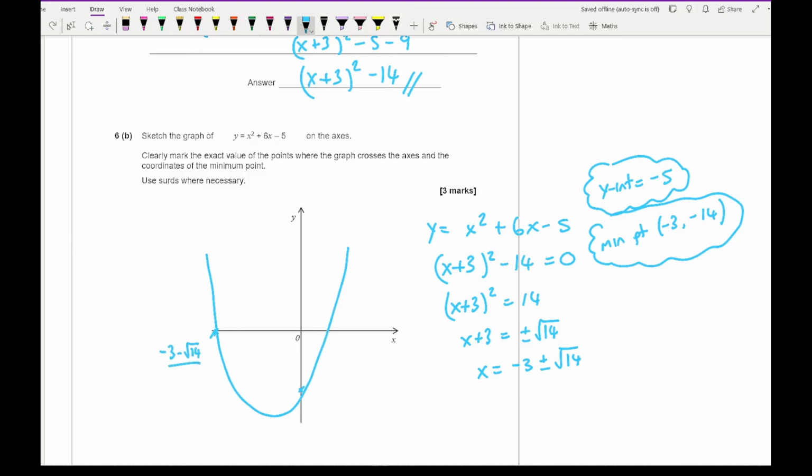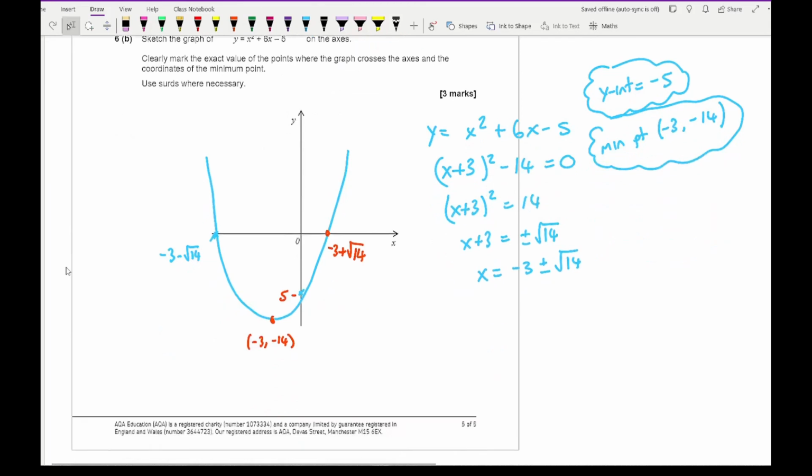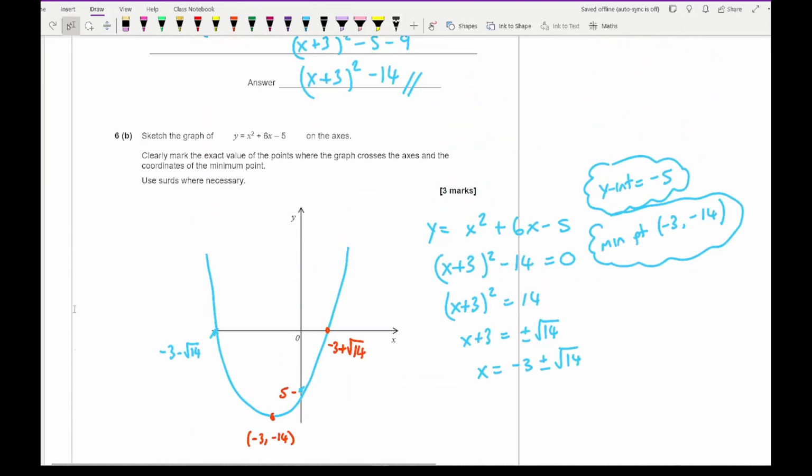This point here is my minimum point, which is minus 3, minus 14. This point here is minus 5, and this point here is minus 3 plus root 14, and there is my sketch. It does say use surds where necessary, so we just leave it in exact form because obviously it's a non-calculator paper. And that concludes the end of this topic test.